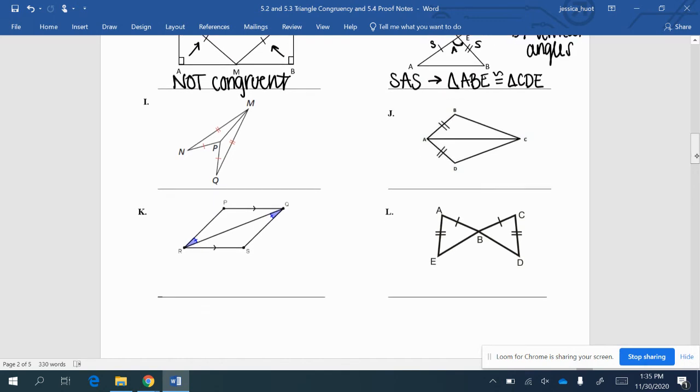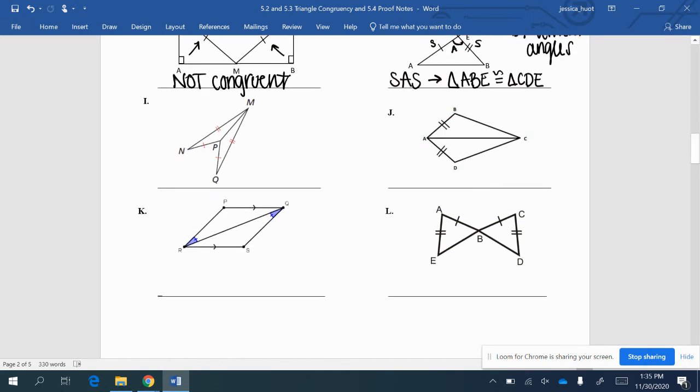Few more left. So for I, again, I see a side that's being shared. So 3 markings because I've already used 2. So side PM is congruent to side PM by the reflexive property.